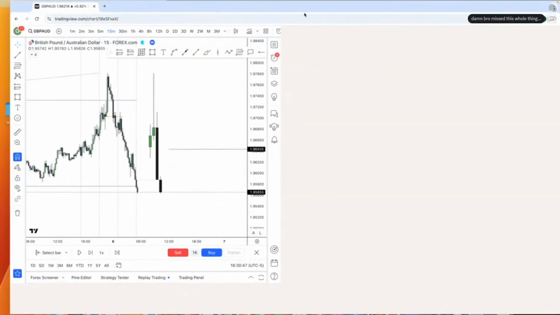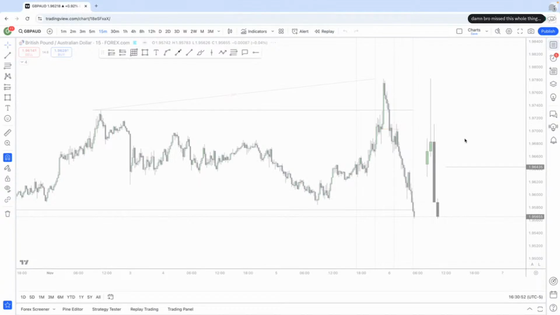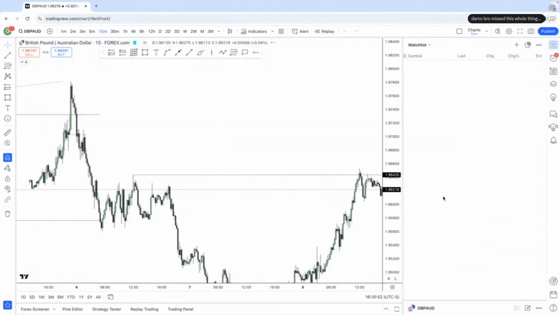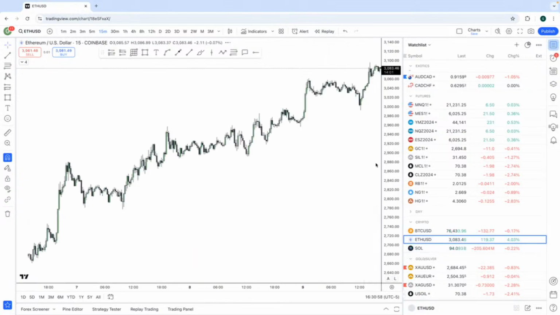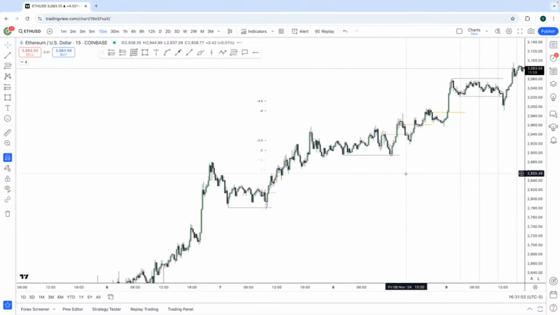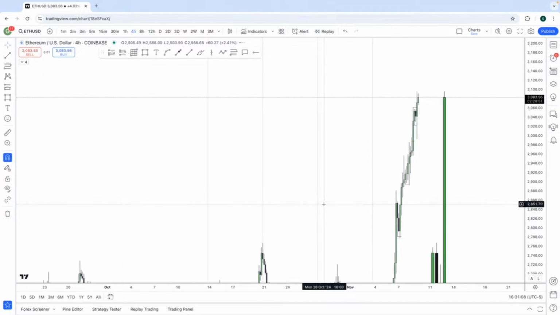Well, I had some more examples on Ethereum that I had marked out previously. Oh yeah, look at this one.